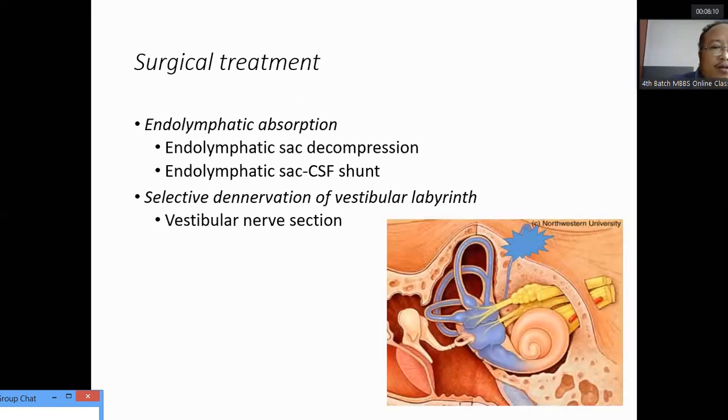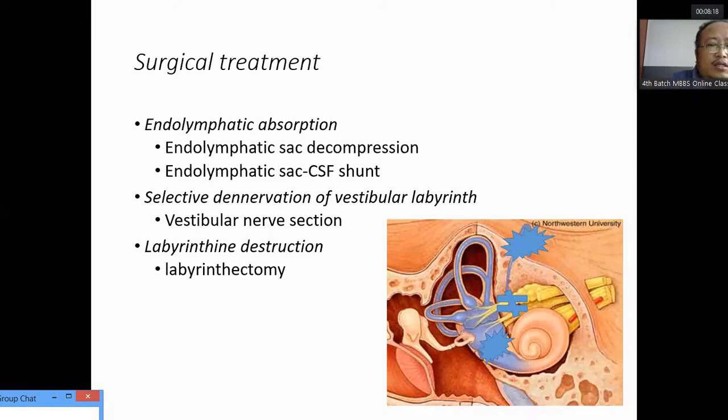Different surgical managements have been mentioned in the textbook, but these are destructive ones. We can go for endolymphatic sac decompression, to decrease the endolymph volume, and vestibular nerve section, so that abnormal sensation does not go to the brain and the patient does not get dizzy.